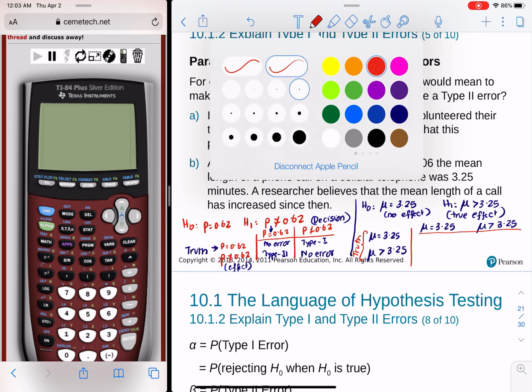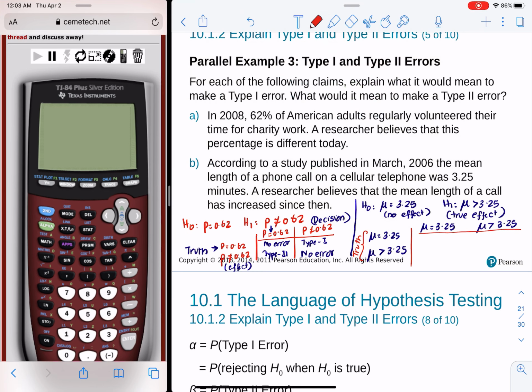So if the truth is that the mean is 3.25 and in reality it still remains to be 3.25, and that is our conclusion from the test, we made no error. But if the truth is that the mean length of a phone call is 3.25, but our statistical test ended up saying that it is greater than 3.25, we made an error, and that error is type 1 error.